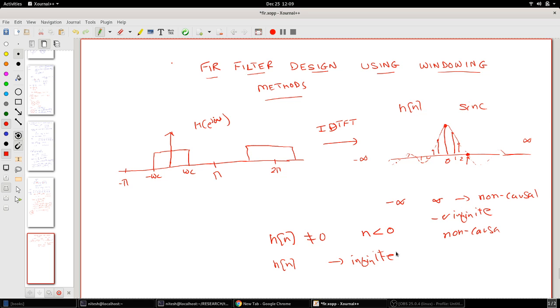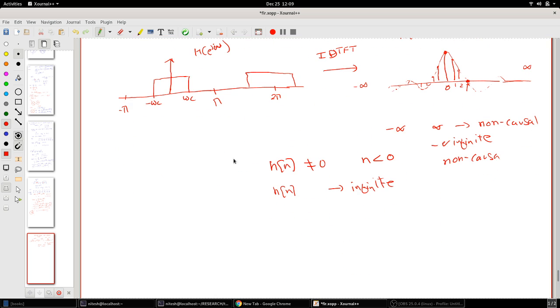Now we know that when you make a filter non-causal, implementation is an issue, so this kind of filter is not implementable. And second, this is infinite, while we are dealing with finite impulse responses. So we have to convert it somehow. We have to truncate the negative side, that is, forcibly make it 0.